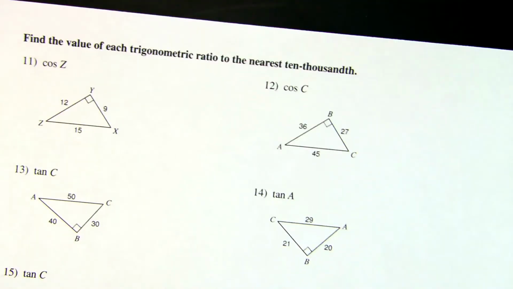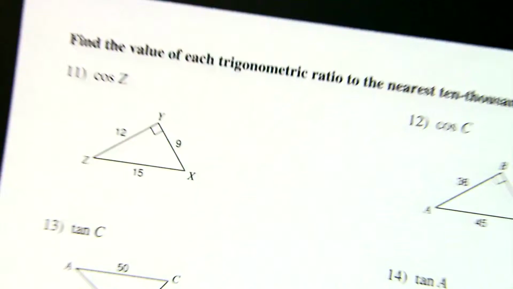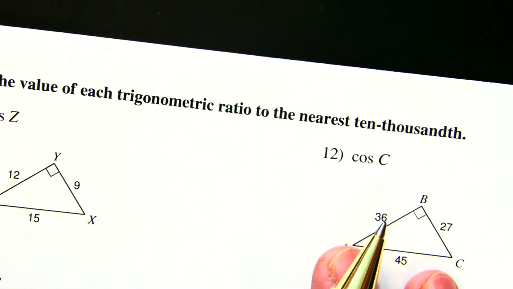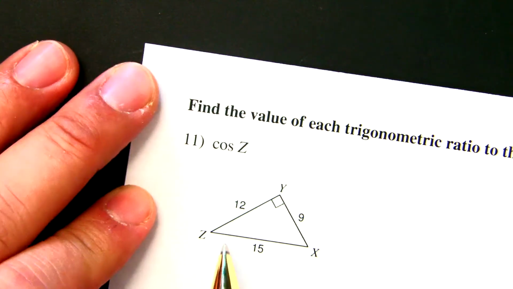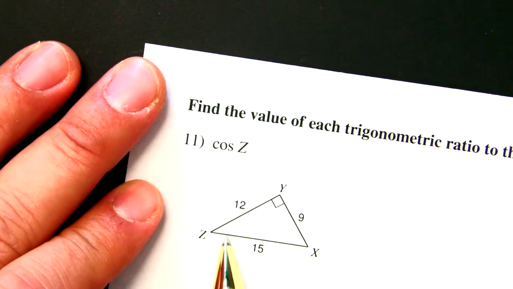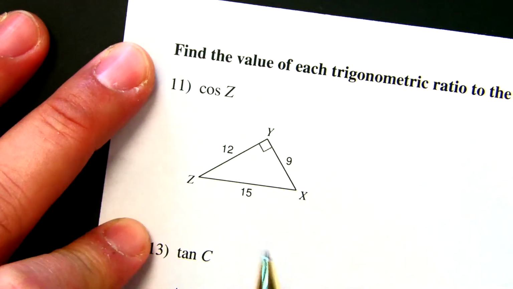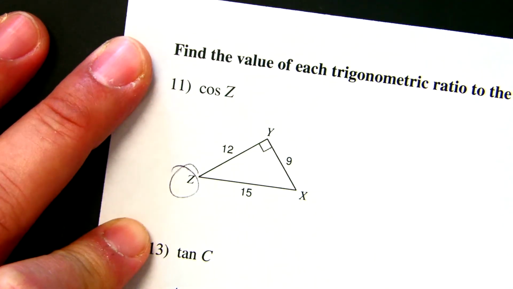One other kind of problem. Let's suppose we're given something like this. Let's look at number 11 here. We're asked to find the value of each trigonometric ratio to the nearest ten-thousandth. Okay, so we're asked to find cosine Z. The first thing I want to do on any of these is say, here's Z, here's the angle that I'm interested in.